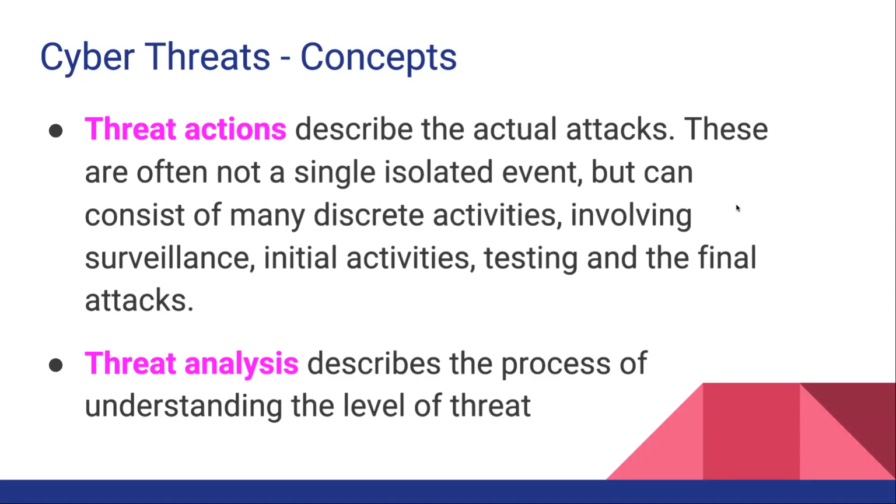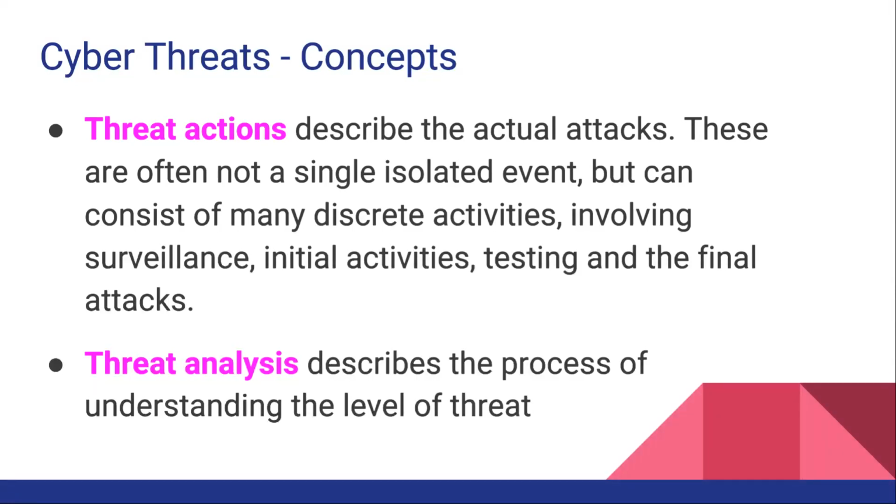So it can consist of many discrete activities, meaning not known or hidden, involving surveillance. Surveillance is like watching people, but in this case, you could be watching the system. Then initial activities, testing, and final attacks.